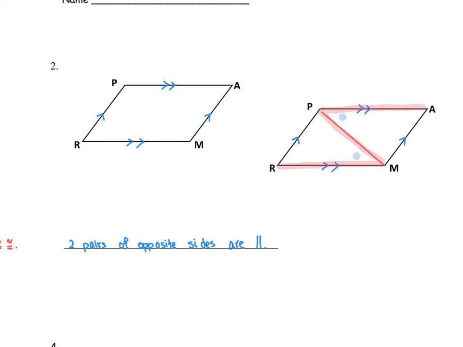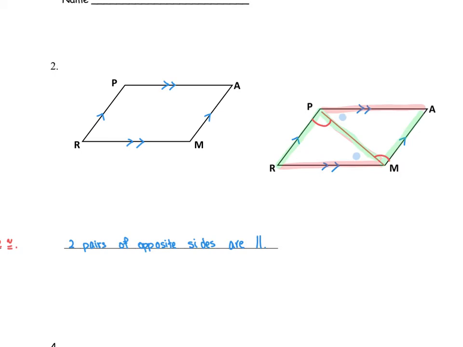And I also can use this Z to say that angle RPM is congruent to angle AMP. So keep in mind that parallel lines or parallel sides give me congruent angles. In this case, it's the alternate interior angle.